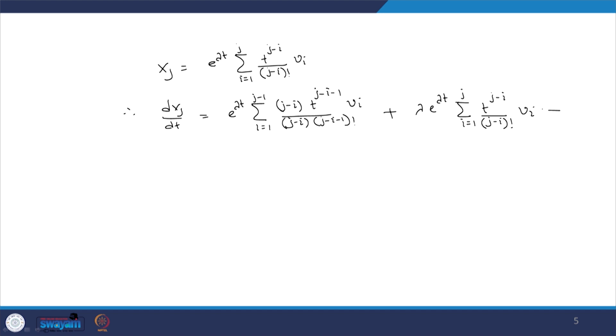So, I have dx by dt equal to this quantity. Let me write this as equation number 1.